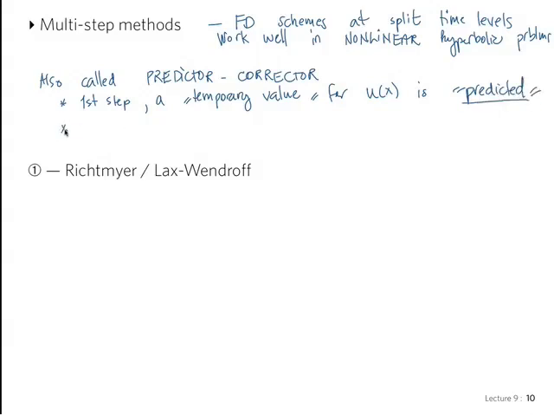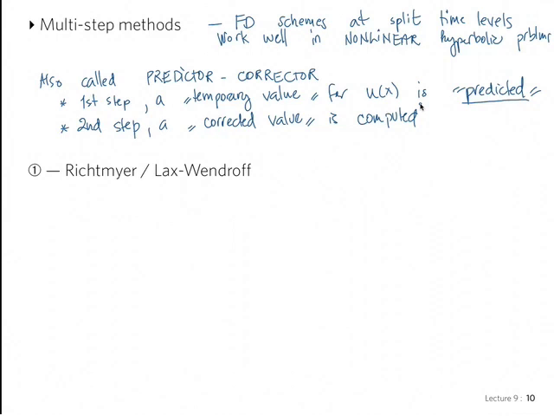In the second step, a corrected value is computed to provide the final value.